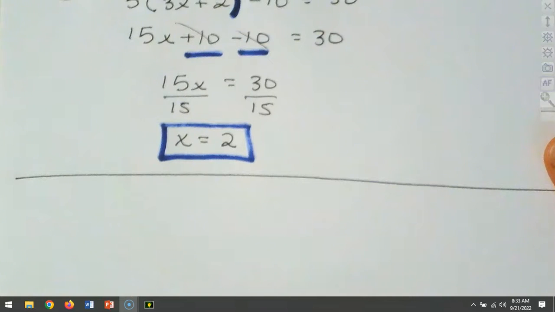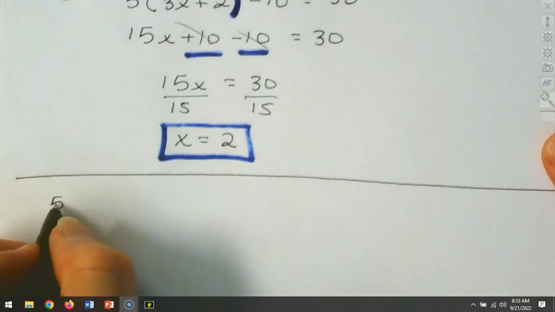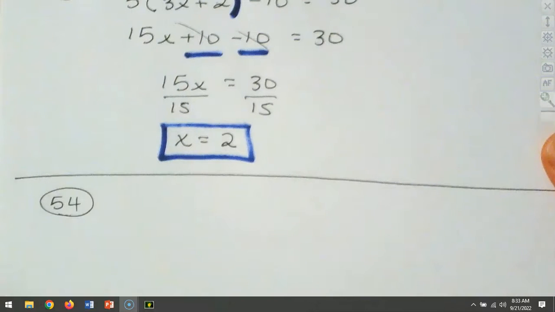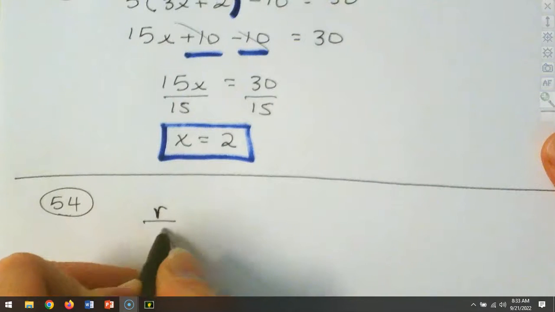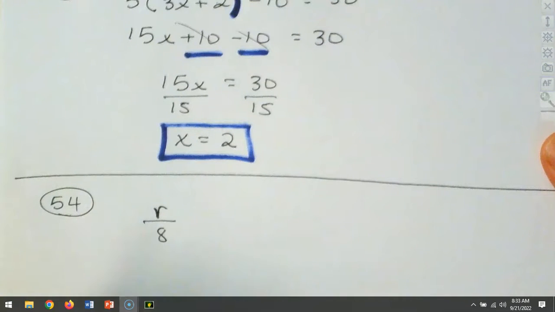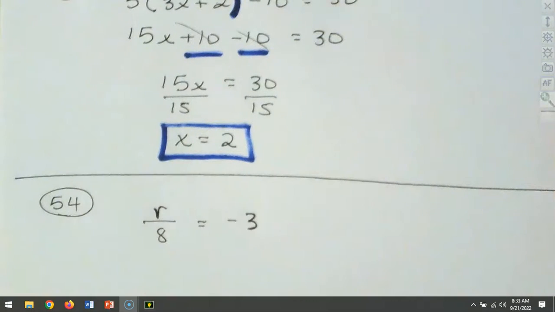So let's look now at a question. We'll start with an easy one. How about question 54? Okay, so question 54, we have r over 8 equals a negative 3.